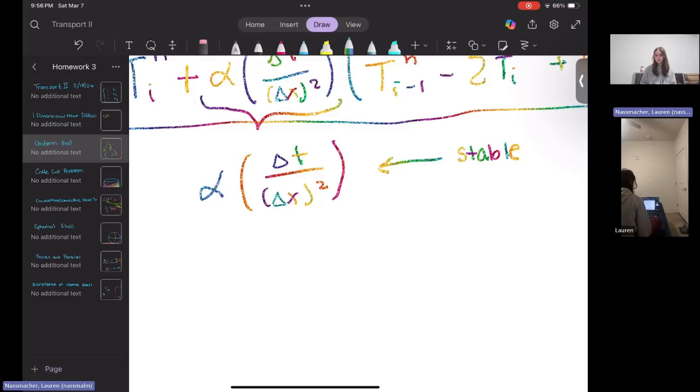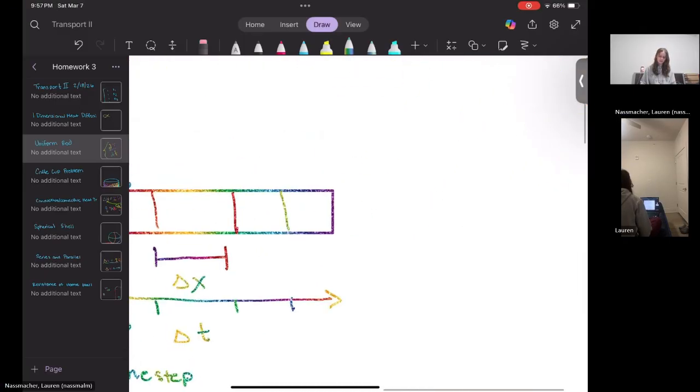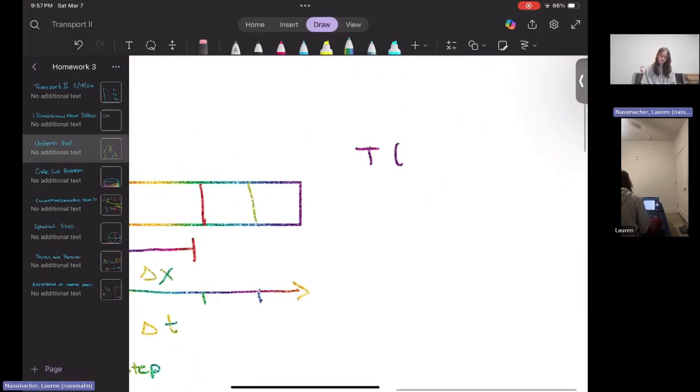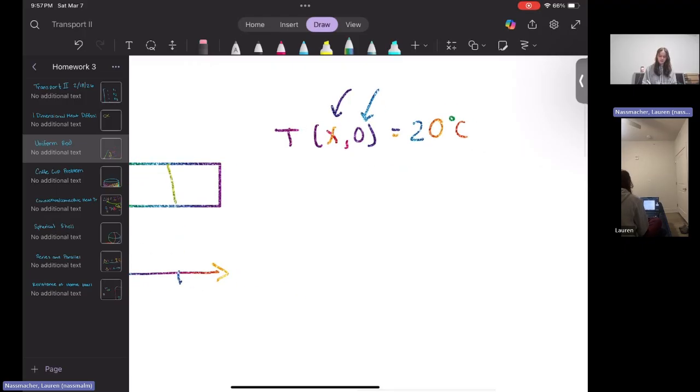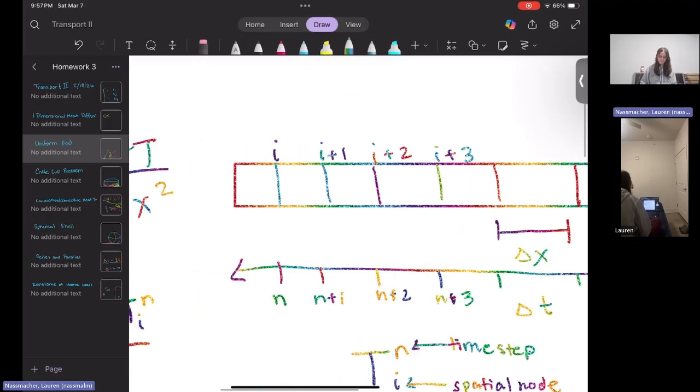For this equation, our initial condition is going to be T of x at 0 is equal to 20 degrees Celsius. At distance x, at time equal to 0, our temperature is equivalent to 20 degrees Celsius.